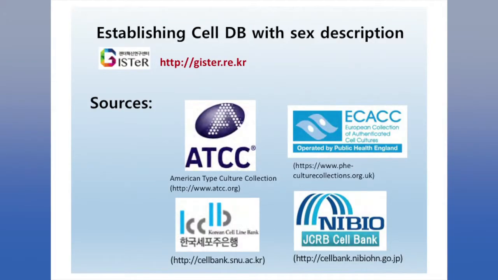So to establish this cell database, we used the resources from 4 cell vendors: 3 vendors that we used for our paper, ATCC, ECACC, JRBC, and we included the Korea Cell Line Bank because we are in Korea. And I think most researchers are buying their cells from one of those cell vendors.